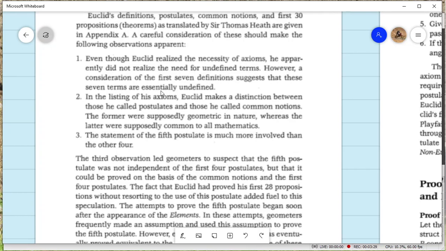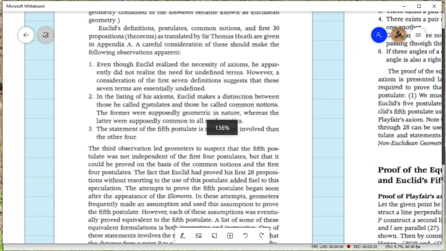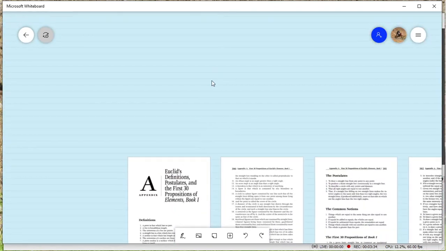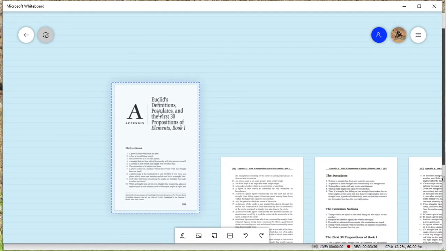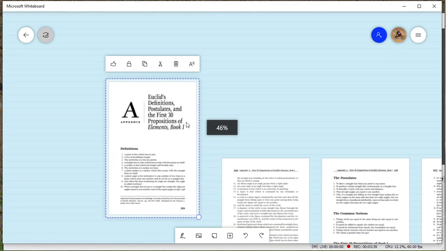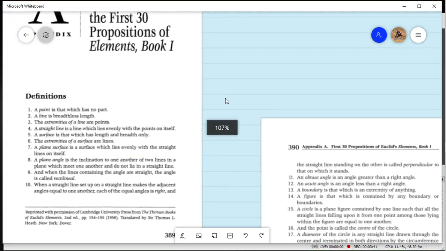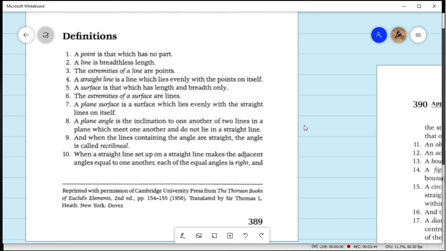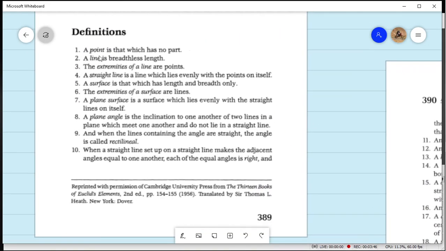But if we go back to the first 7 definitions, we would see that the terms here are basically undefined terms. Like, a point is that which has no part. Though there is no clear definition, we just have to read between the lines. We have to agree on a certain understanding without explicitly explaining what the definition means.